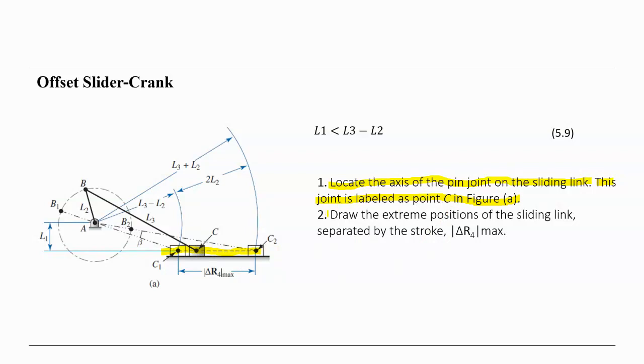Secondly, draw the extreme positions of the sliding link. Extreme positions, that means C1 and C2, separated by the stroke delta R4 max, which is given here.